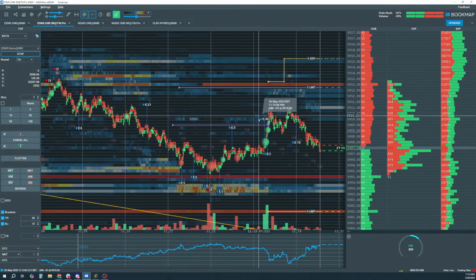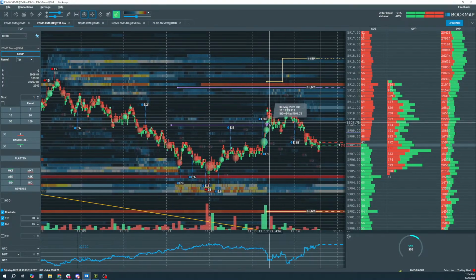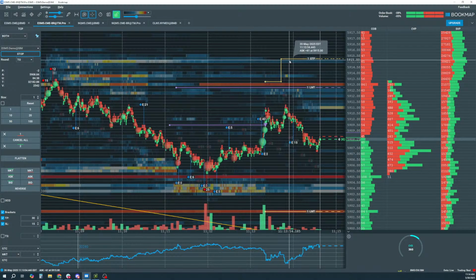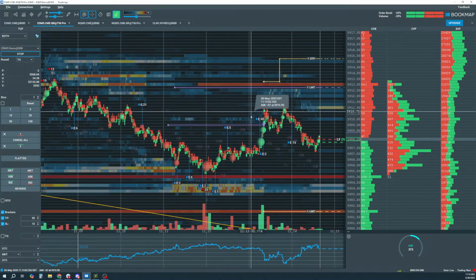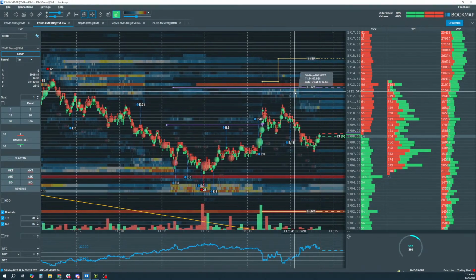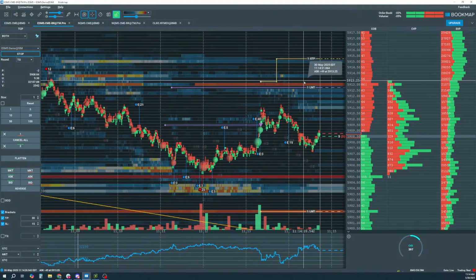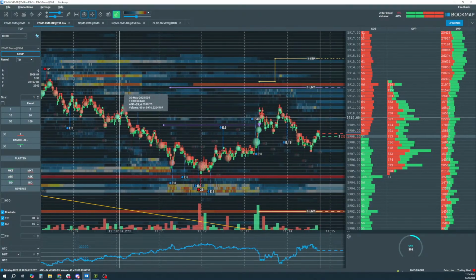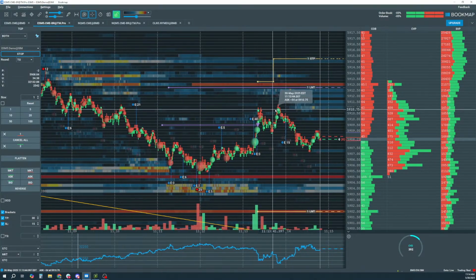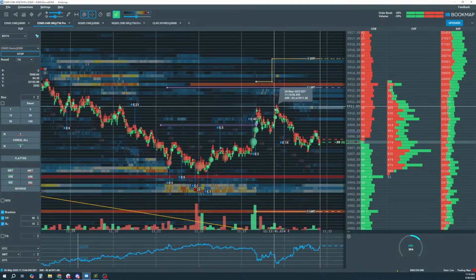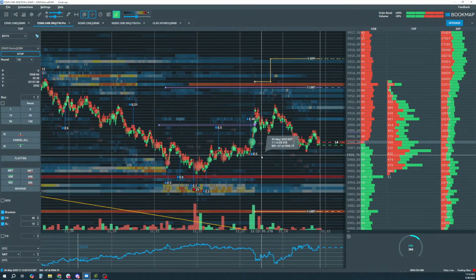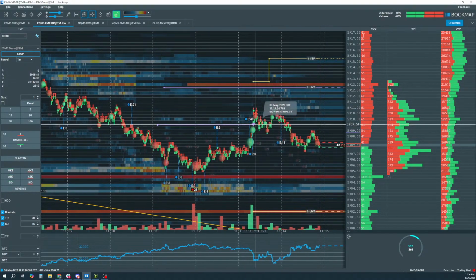You can get run over really quickly, or not filled, and it runs away from you. I look more for a confirmation, and then I like to get in. You might have top ticked it, and maybe it went against you one tick or less, but I would rather look for the confirmation.